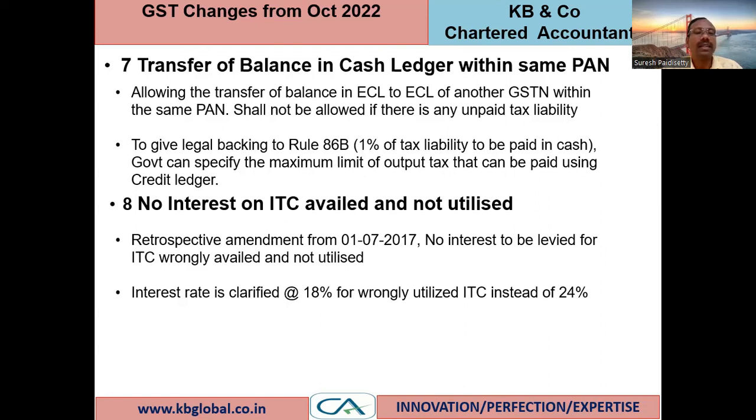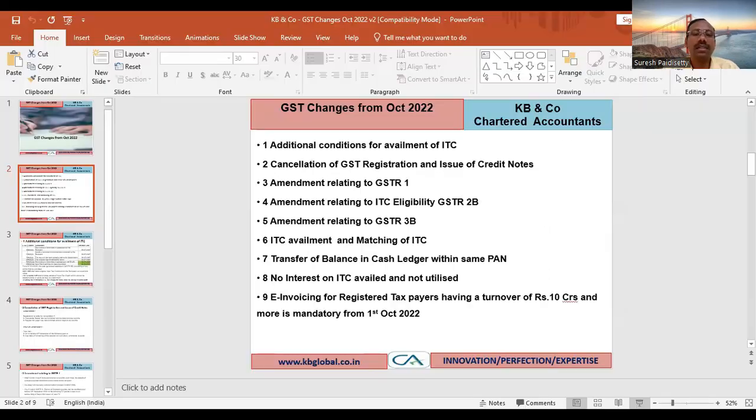And coming to the eighth point, no interest on ITC availed but not utilized. Retrospective amendment from the 1st July 2017, no interest to be levied for ITC wrongly availed and not utilized. That is one point they specified clearly. Coming to the interest rate, the interest rate is clarified at 18% for wrongly utilized ITC instead of 24%.